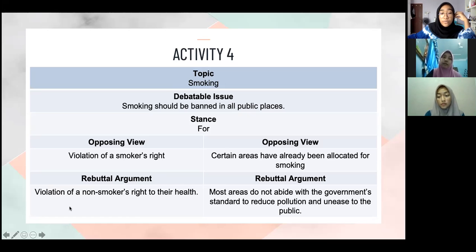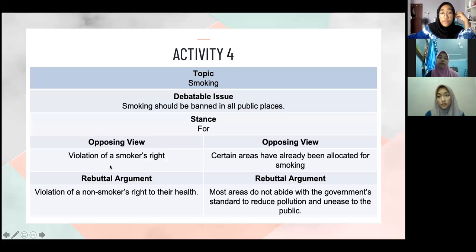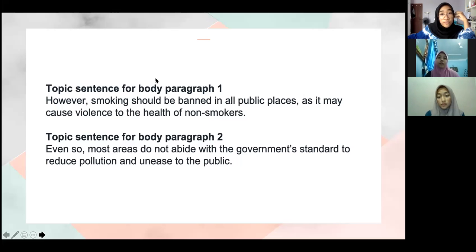So we also have to complete the topic sentence for body paragraph 1 from the brainstorming form, and I think I've come out with this topic sentence for body paragraph 1, that is, however, smoking should be banned in all public places and it may cause violence to the health of non-smoker.